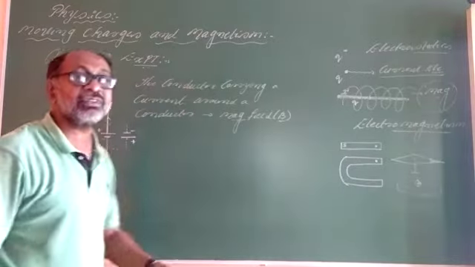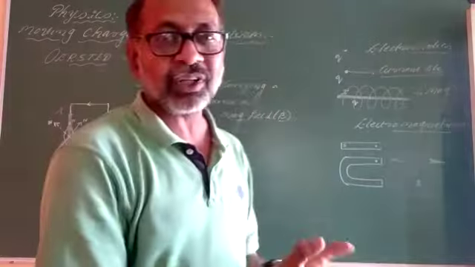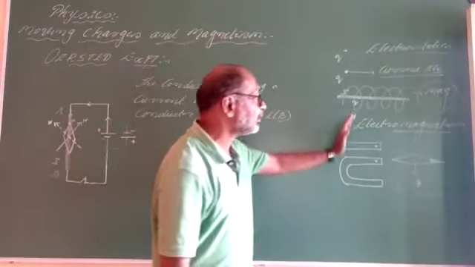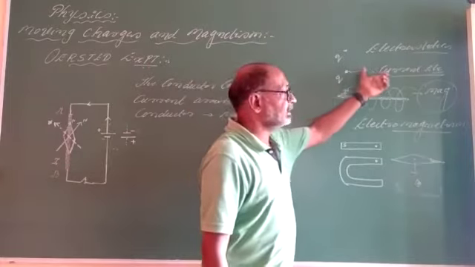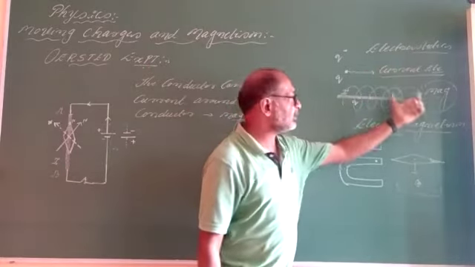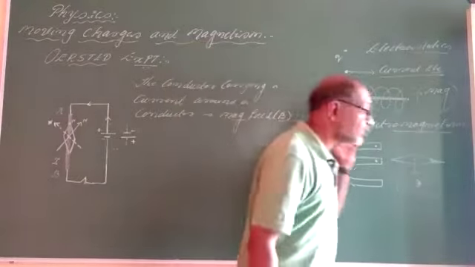I will always represent that particular thing as B. So this leads to the unification of what and what here? Electricity or current with magnetism. That is why we can call it electromagnetism.